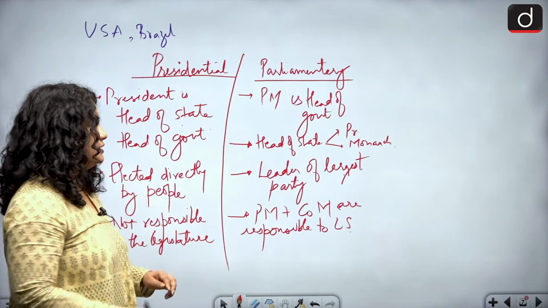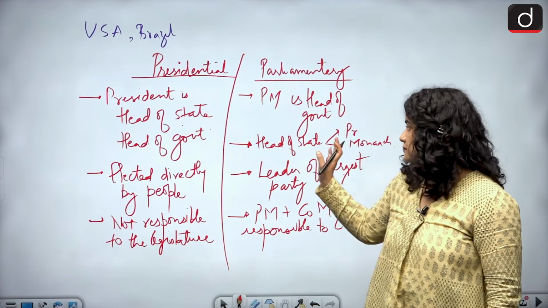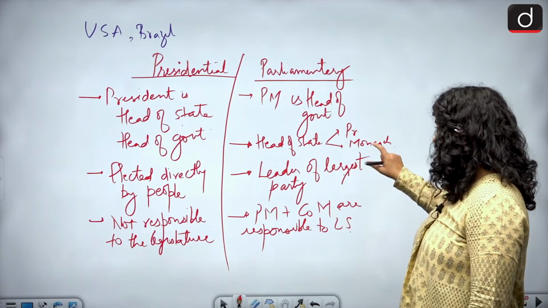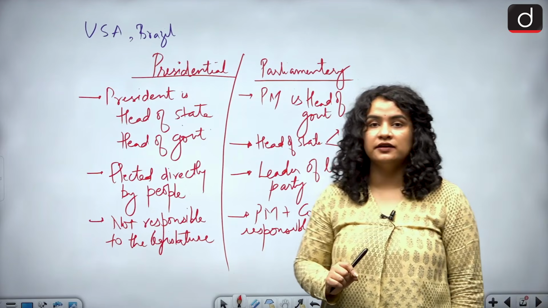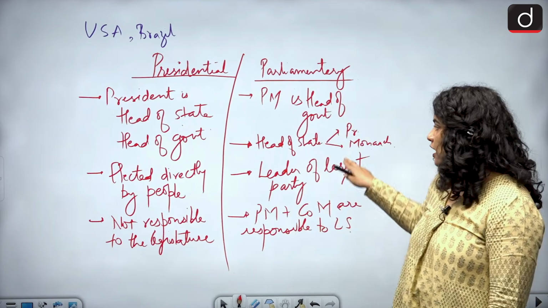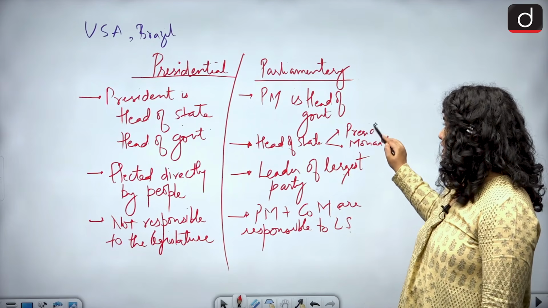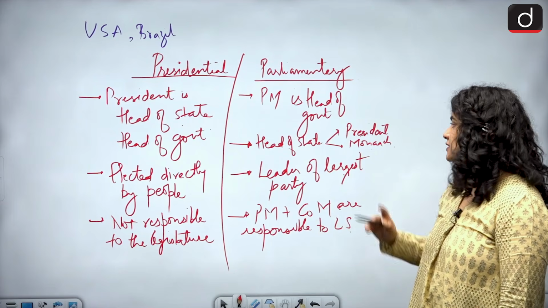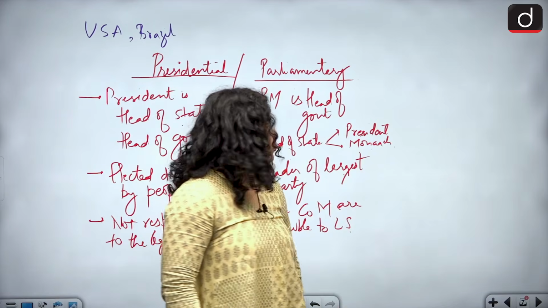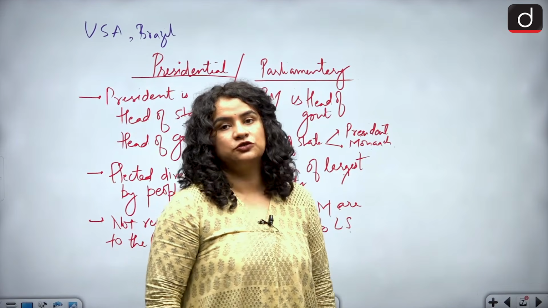When the head of the state is a president, we say that it is a democratic republic. Whereas when the head of the state is a monarch, we say that it is a constitutional monarchy. Both are forms of parliamentary democracies, but when the president is the head of the state, the form of government becomes a democratic republic, whereas if the monarch is the head of the state, it becomes a constitutional monarchy.